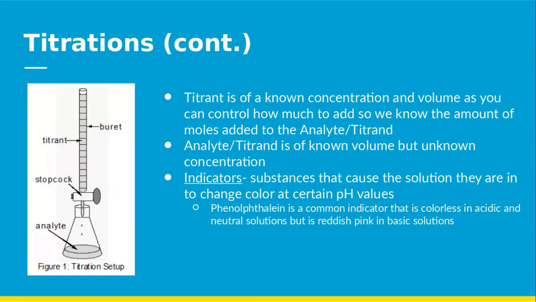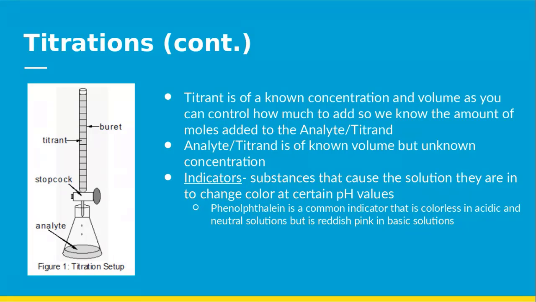The reason this pH range where it changes color is so useful is that, let's say you're titrating a weak acid with sodium hydroxide, a strong base. As you add the strong base into the acid, it's going to continue to slowly neutralize it.